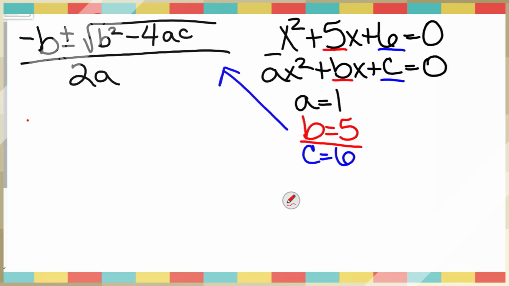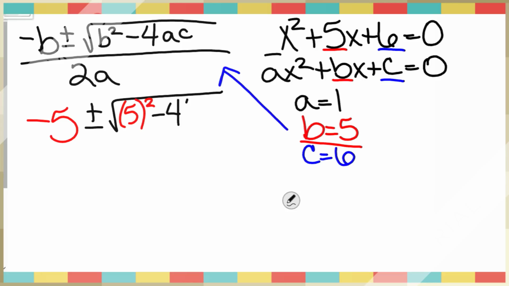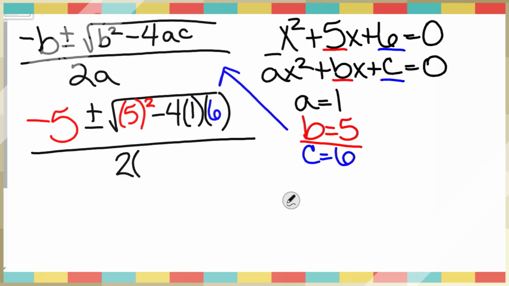So it is negative 5 plus or minus the square root of 5 squared minus 4 times 1 times 6, all over 2 times 1.